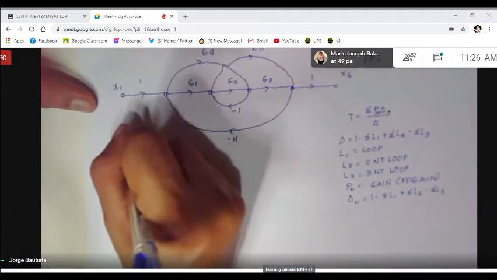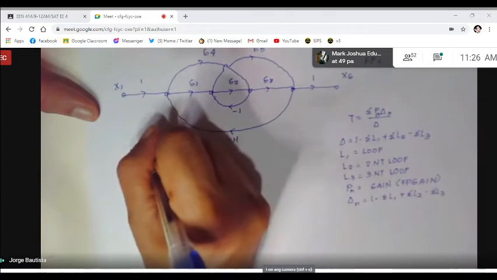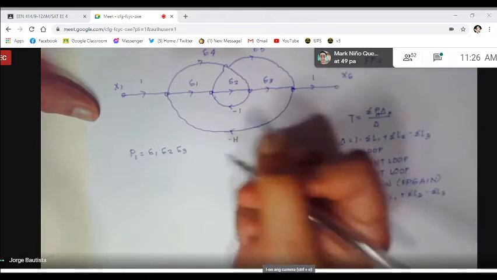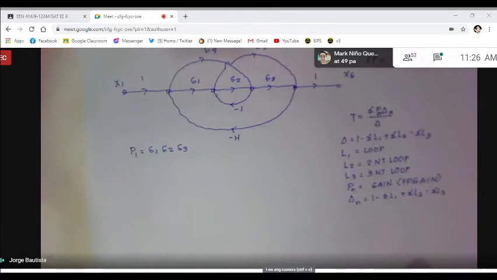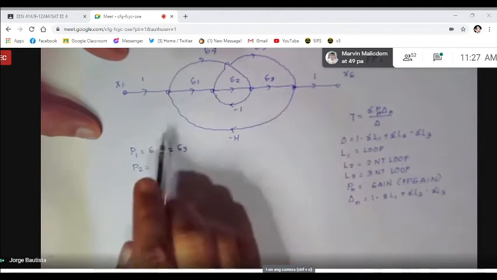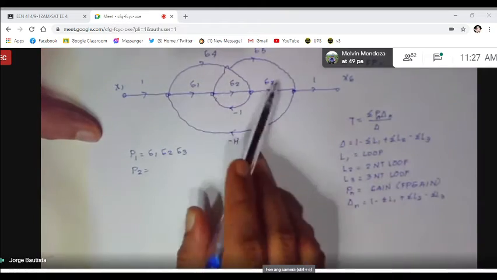So, P1. P1 is G1, G2, G3. Okay? Yan yung P1. P2 natin ito. So, that is G4, G3.